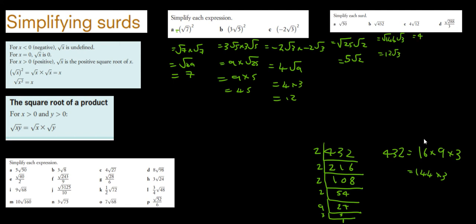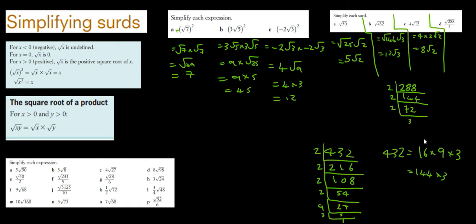Okay, so we can simplify that as, let me write these as separate questions. We can write this as 2 root 2, which is 8 root 2. Half of, that's right, 50, 72, 2 gives 36.